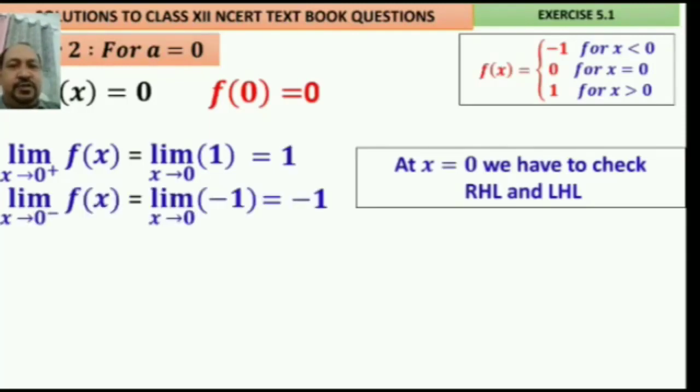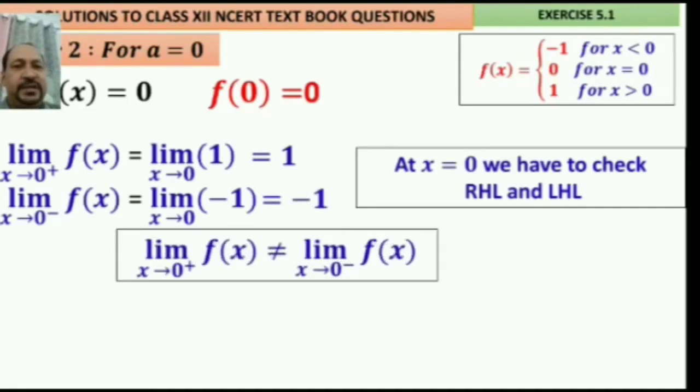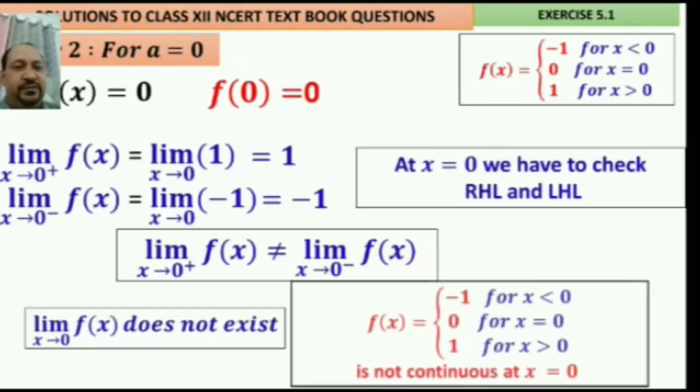Limit x goes to 0 negative f of x equal to limit x goes to 0 minus 1. You will get minus 1. As you see that the right hand limit is not equal to the left hand limit. Therefore, function is not continuous at x equal to 0.